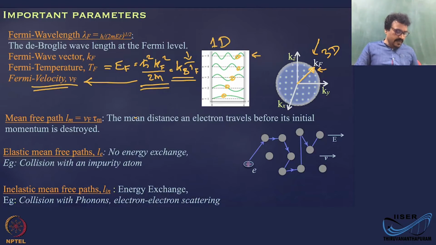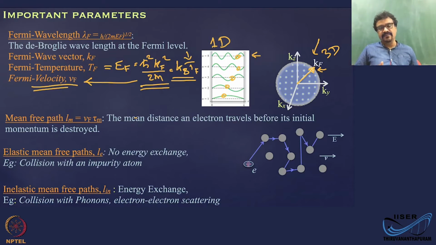All right, now after the mean free path, we are going to define two more mean free paths. One is the elastic mean free path, L_E, which is the distance the electron travels between two elastic collisions. When I say elastic collision, it means there is no energy exchange. The electron retains the energy it had before the collision.